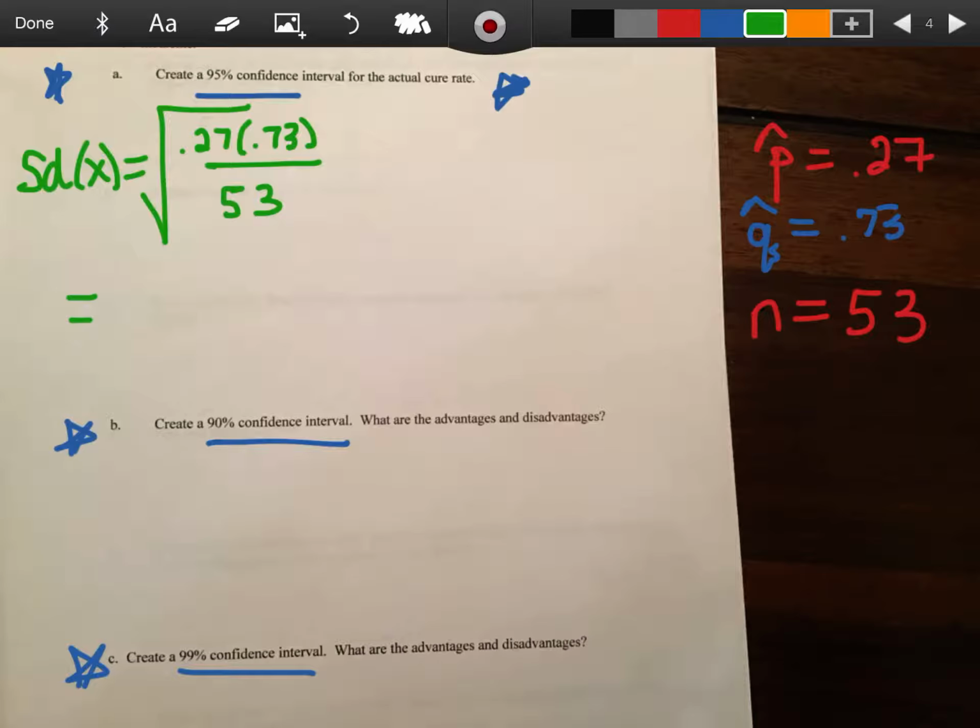When I typed mine in, I got 0.06098, which I'm going to round to 0.061. So about 6.1% for my standard deviation.